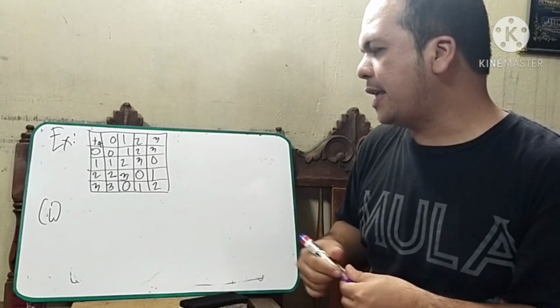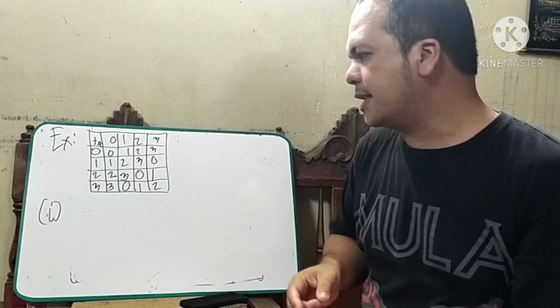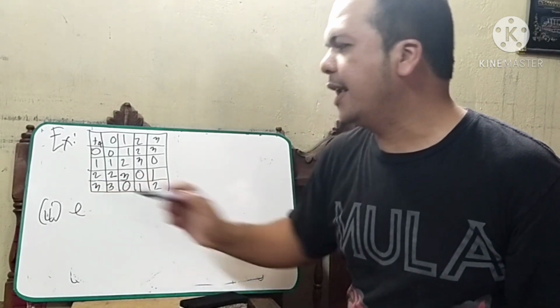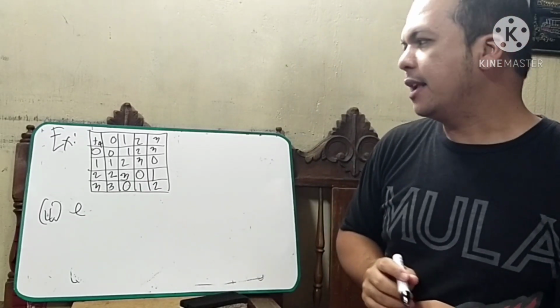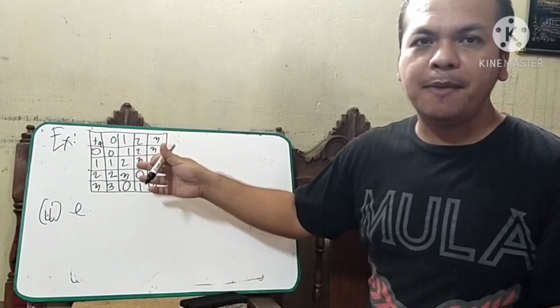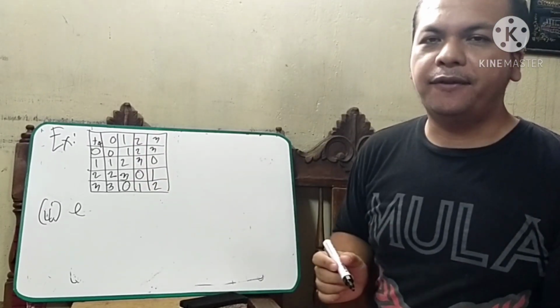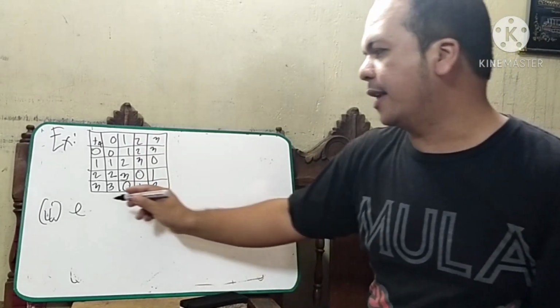Now, our second property is existence of an identity element. Thus, the identity element exists in the set Z sub 4. We will show that.